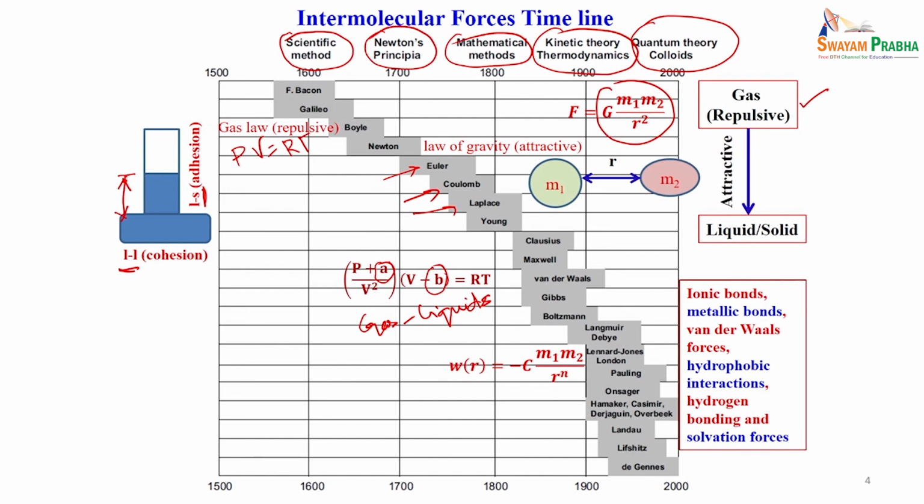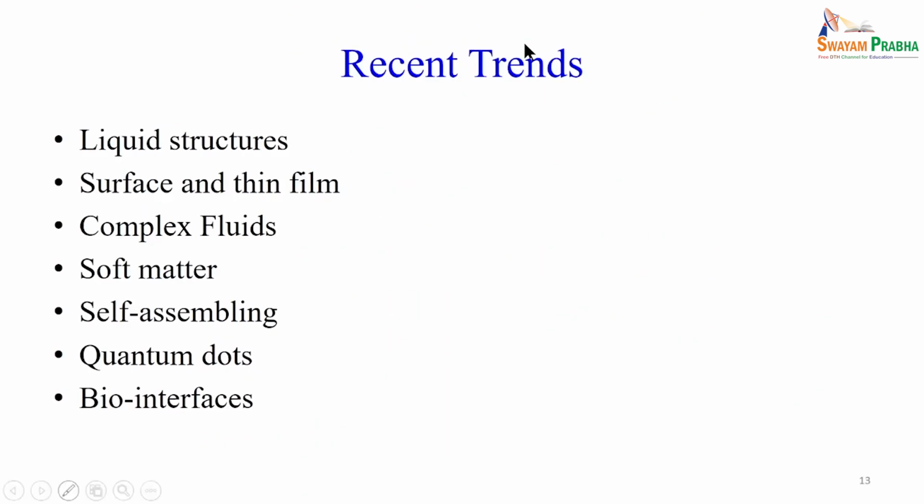So recently, after the 20th century, to understand very simple systems, I have listed a few examples: liquid structures, surface and thin film phenomena, complex fluids, soft matter, self assembly, quantum dots, and biointerfaces, meaning how biological molecules come and interact with surfaces. Recently we also developed some mathematical methods like Monte Carlo molecular simulations, which analyze things at the molecular level.